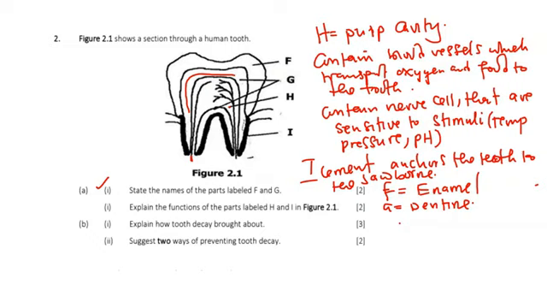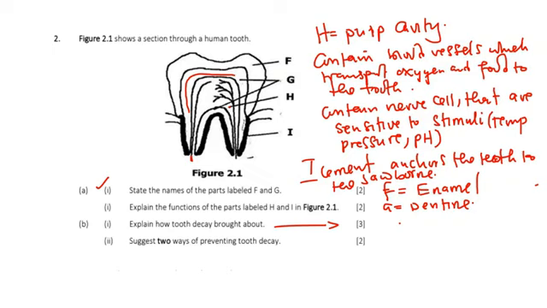Okay, what about the other question, that is, explain how tooth decay occurs, and this is 3 marks. How does tooth decay occur? What is tooth decay, by the way?